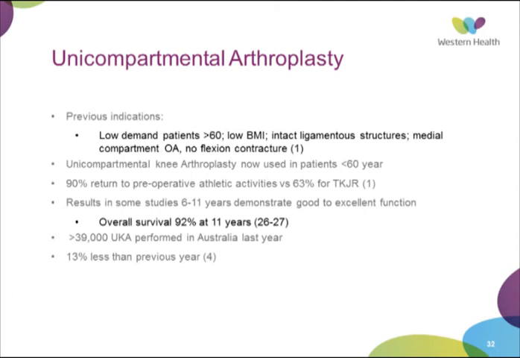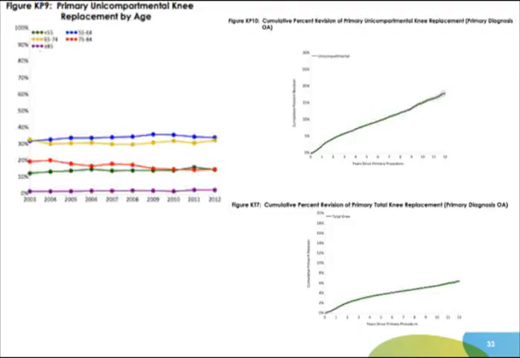There were 39,000 unicomps done in Australia last year, but the number is actually decreasing, whereas the number of total knees is increasing. Just having a quick look here. So the age groups, the major age group we do it in is actually the 55 to 64-year-old. The less than 55s is about 12% that we do it on.